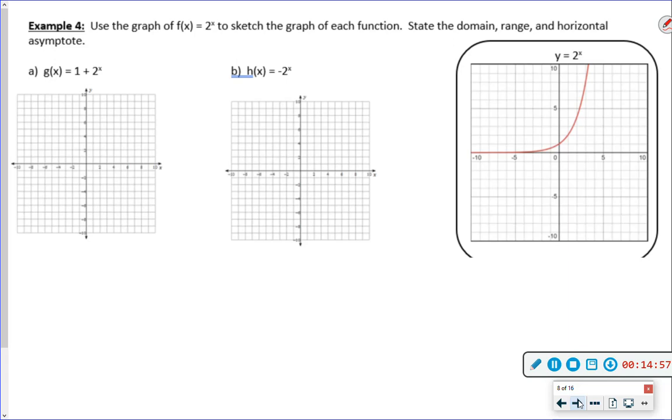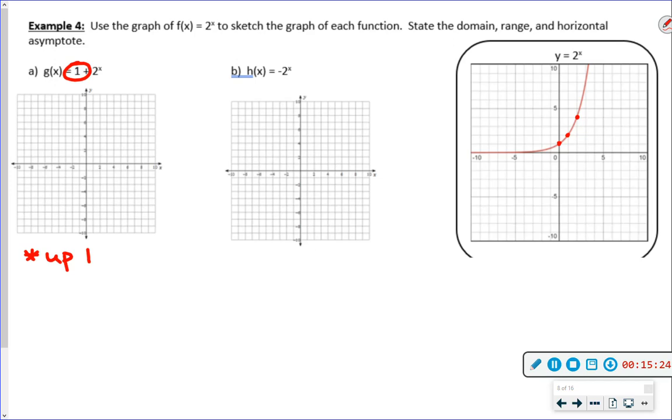So clearly, we're using that 2 to the x over there. I see this is an addition to that equation. What does adding 1 do? Up 1. So, I'm just going to make myself a little note here. All I'm going to do is take this red graph and steal a couple points on it. It looks like (0, 1), (1, 2), and (2, 4) would be on there.